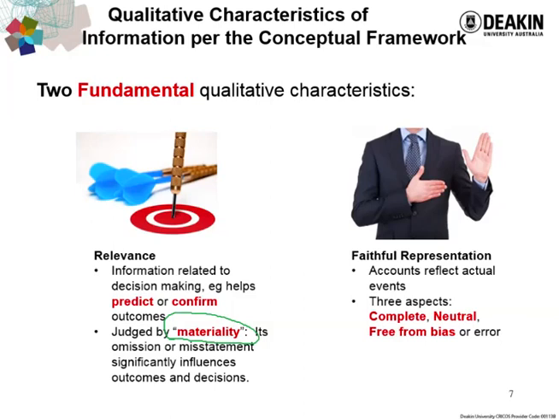And the second element of faithful representation is neutrality, which means fairness or free from bias. And the third element is free from error, meaning there is no mistake. So faithful representation and relevance are considered to be the most important qualities of information according to the conceptual framework.